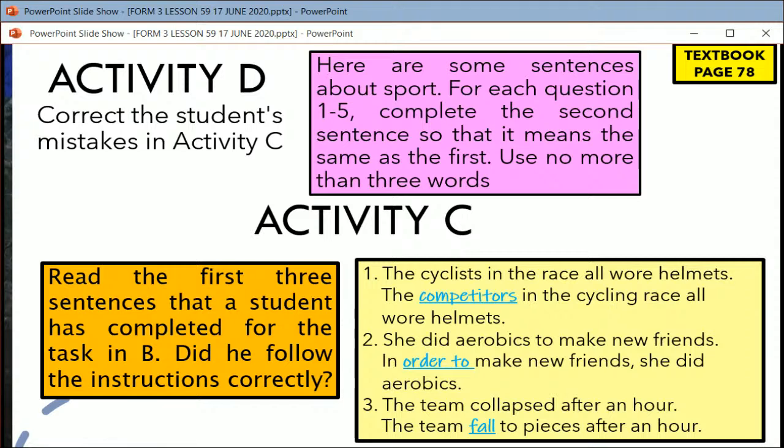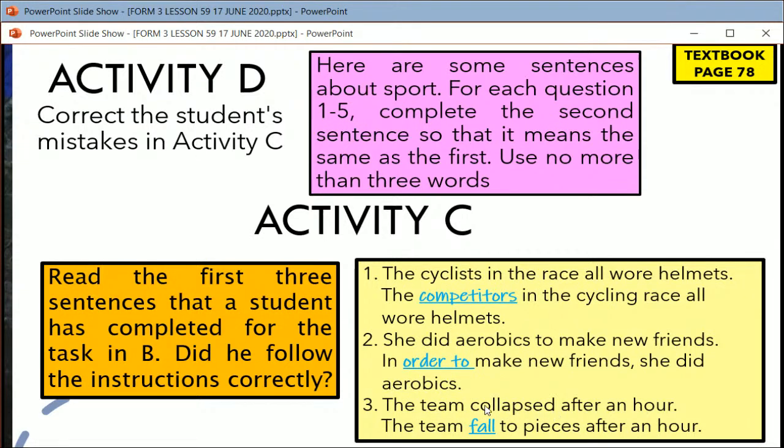That's it. Now, this learner has completed the task following the instruction. This learner completed the 3 sentences using no more than 3 words. Here is 1, here is 2, here is 1. And also it means the same thing. Fall to pieces means collapse.